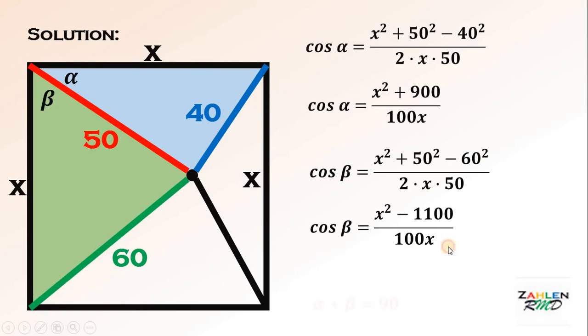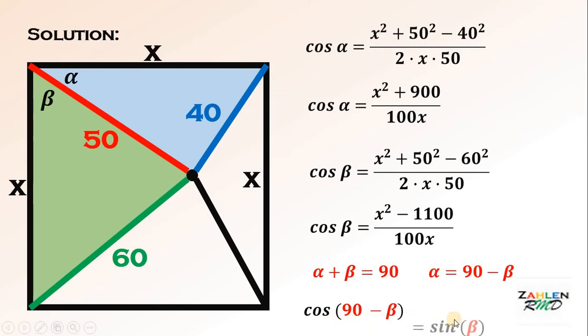Now again, take note that alpha plus beta equals 90. It follows that alpha equals 90 minus beta. Therefore, we can use the complement rule. Cosine of 90 minus beta is equal to sine of beta.